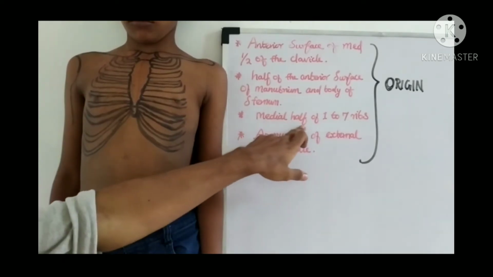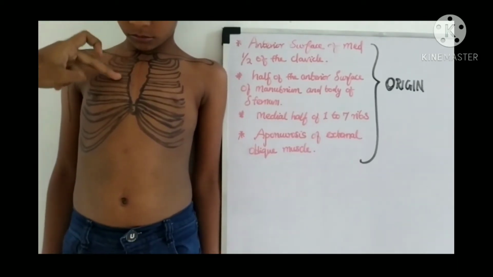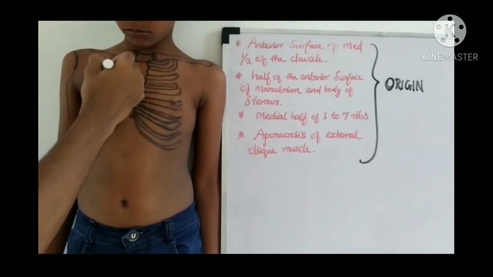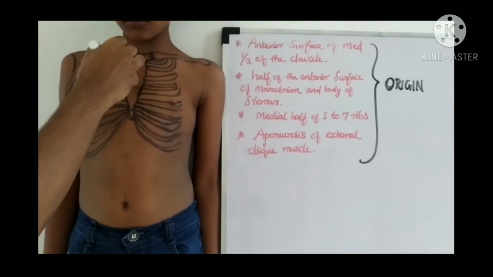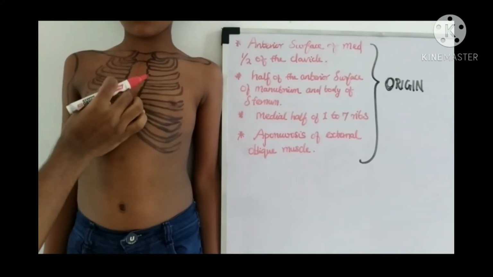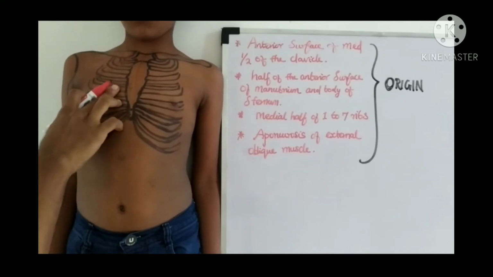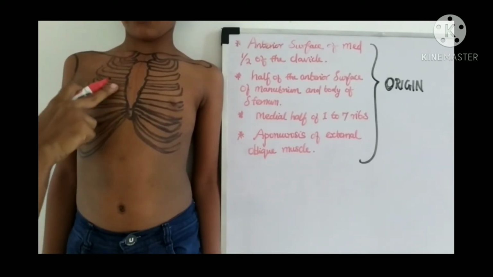Then the medial half of ribs 1 to 7. I am just drawing one or two ribs. This is the medial part of the rib, the part attaching to the sternum. From here also the muscle goes.